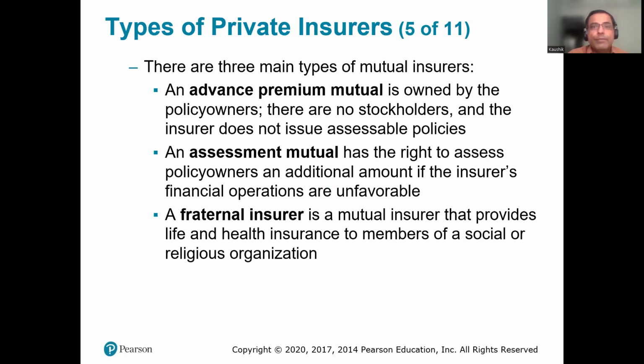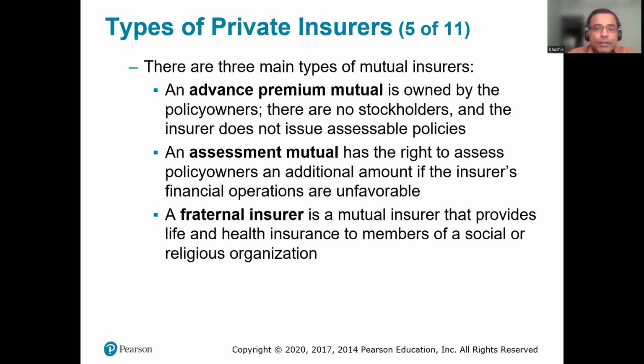So there are three main types of mutual insurers. The first one is the advance premium mutual insurance. It is owned by the policy owners, and they pay premiums as part of the insurance company's business. The assessment mutual also has policy owners as the owner of the insurance company.